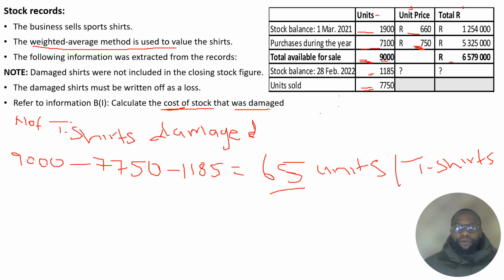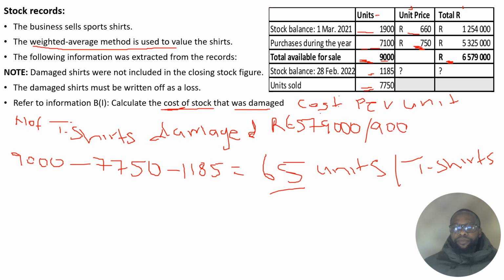So now the cost per unit. We have already said that there is a total cost of 6,579,000, and the total available is 9,000 units. So 6,579,000 divided by 9,000 is 731.